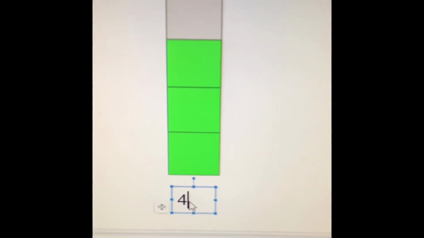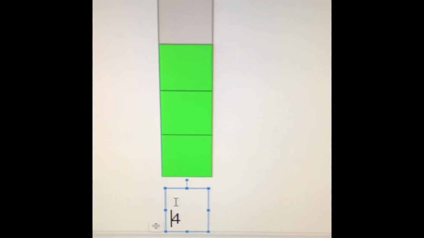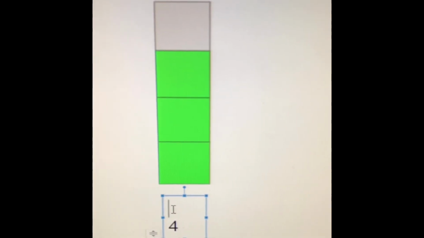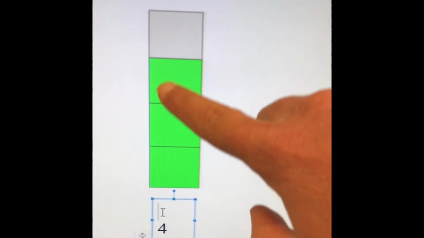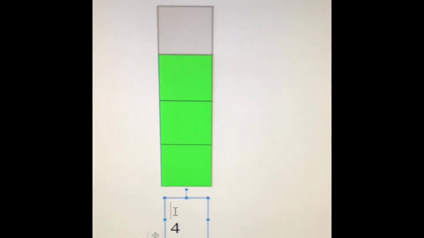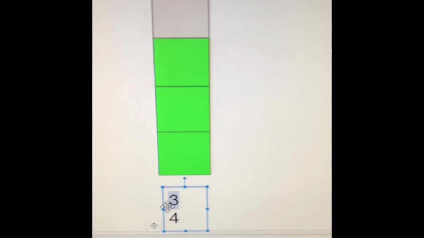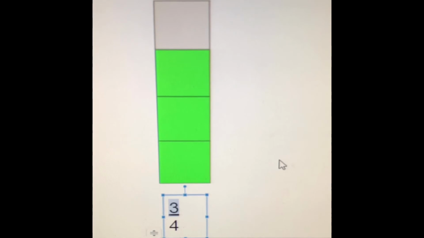So 4 is going to be the denominator. Now I'm going to count the number of pieces that are shaded green. 1, 2, 3. So we have 4 total pieces. 3 of the 4 total pieces are shaded green. So our fraction is 3/4.